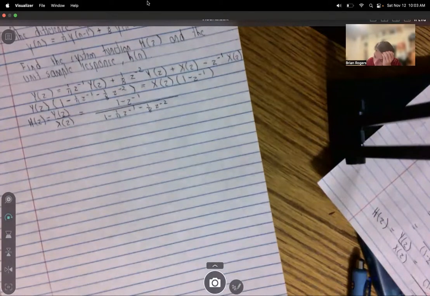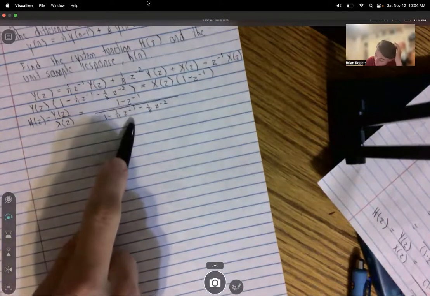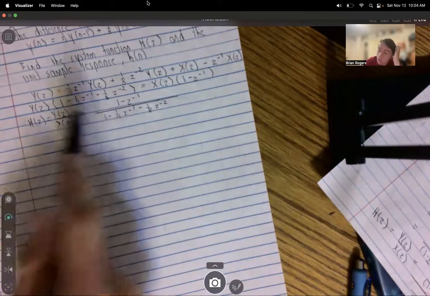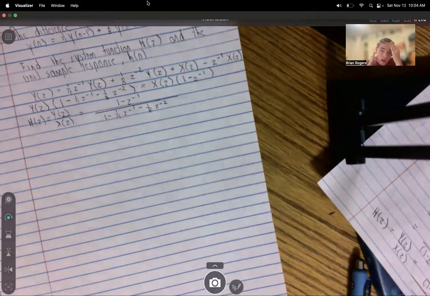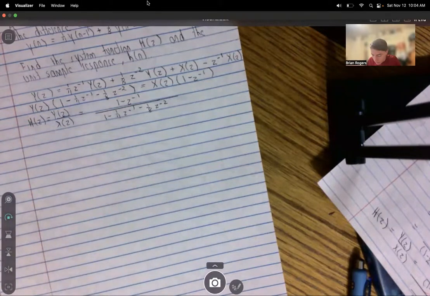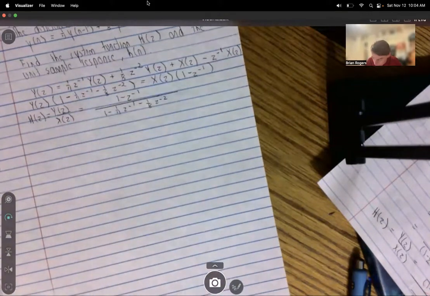Now, when we solve for Z, we like to have our poles written as two binomial terms rather than having our quadratic equation here.